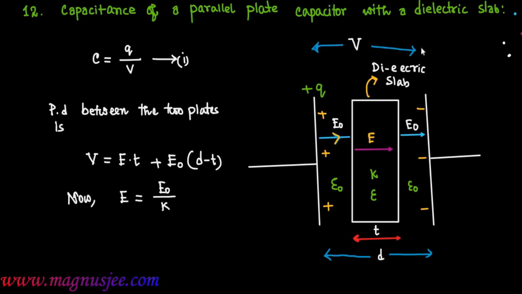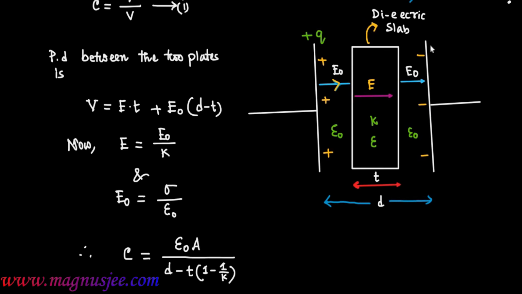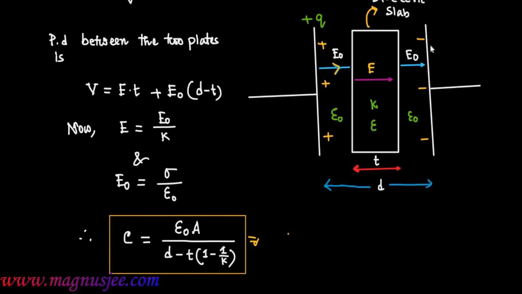Now E equals E0 by K, that is field intensity acting inside the dielectric slab, and field intensity acting in vacuum is E0 equals sigma by epsilon 0. Therefore, C equals epsilon 0 A divided by (d minus t)(1 minus 1 by K).